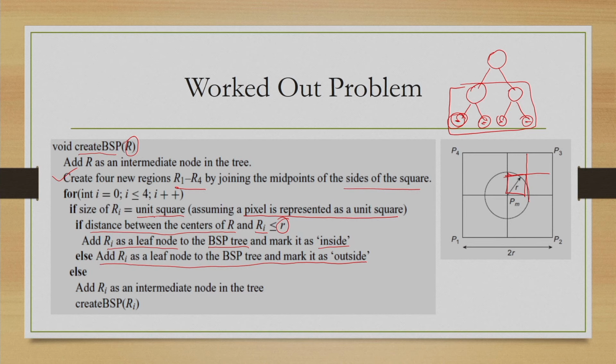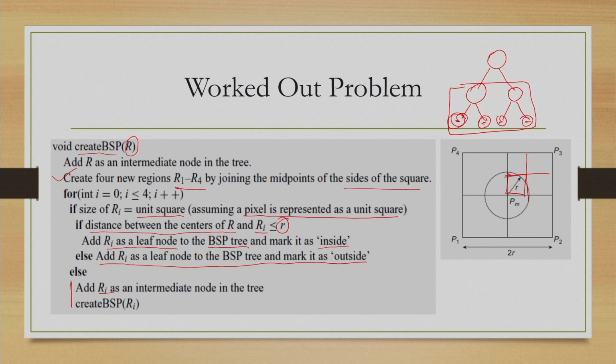Now, if this size is not a unit square, that is, we have not reached the termination condition of recursion, then for each node we perform the function again, that is, we call the function recursively as mentioned in these 2 steps.